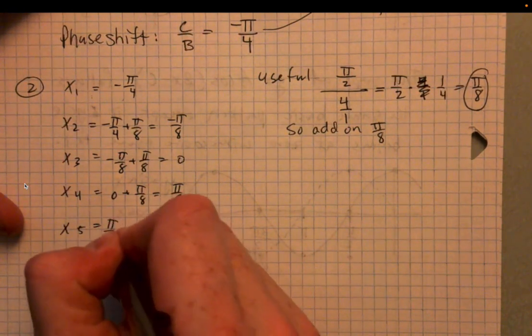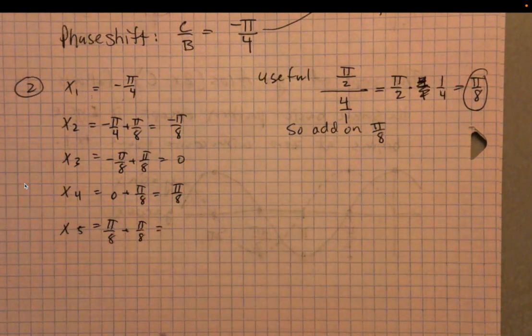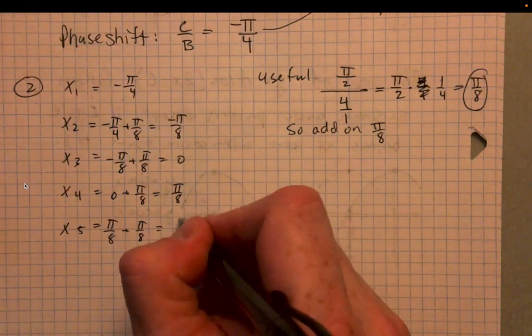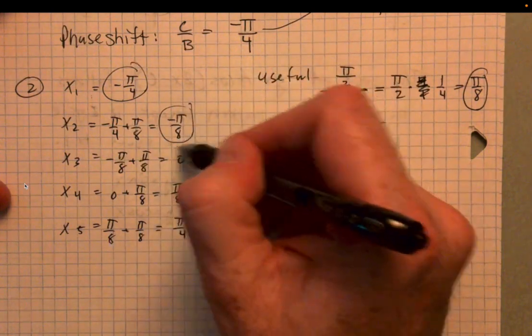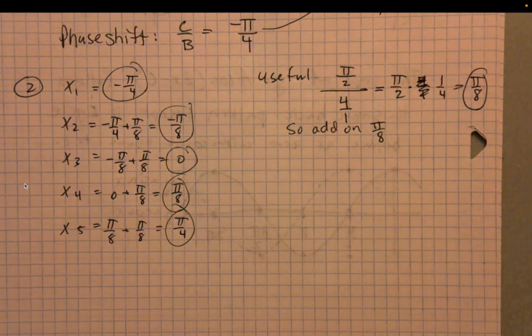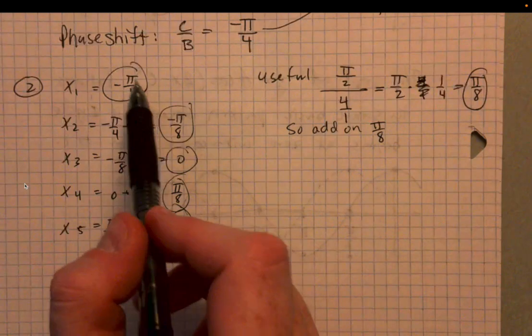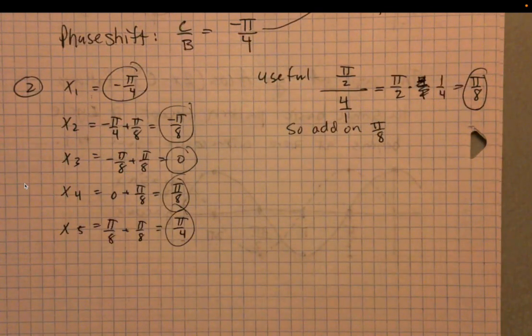And then pi over 8 plus pi over 8, that's 2 pi over 8, otherwise known as pi over 4. And so we start here, and our 5 points are given. You can obviously see that pi over 4 minus negative pi over 4 is going to give you your pi over 2 length interval.